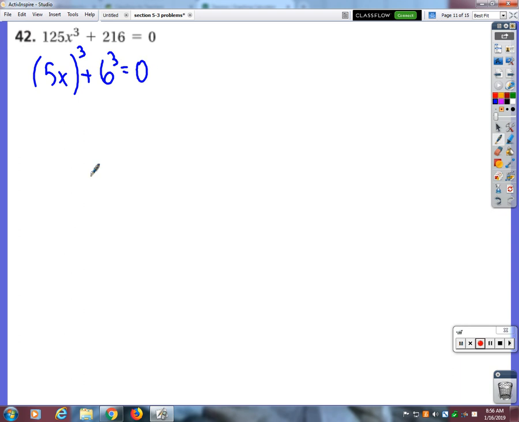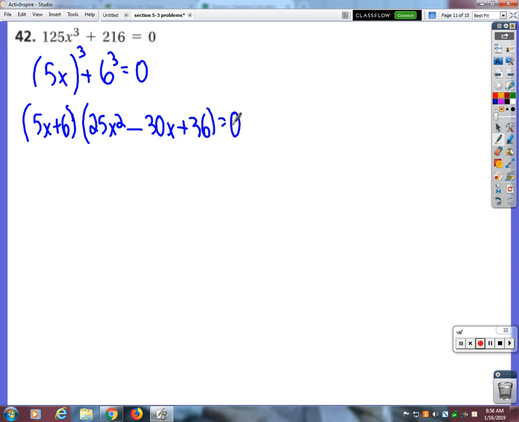Okay, so to factor that, we would get 5x plus 6, because these two signs are always the same. And then we would do this thing squared, so that's 25x squared. This sign is going to be the opposite of that, so since this is plus, this one's going to be minus. Multiply those two together, 30x, square that, 36 equals 0.